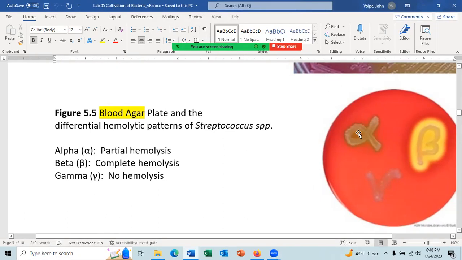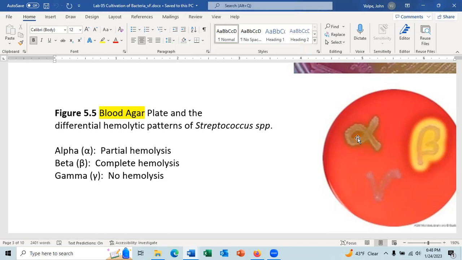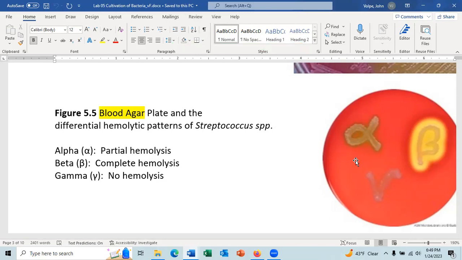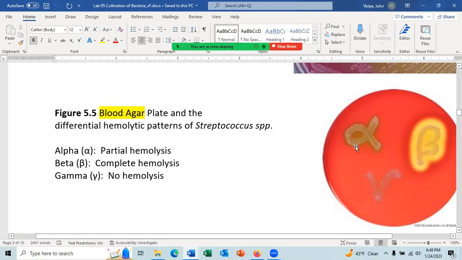And inside the alpha, the entire region is dark, and that's from the partial hemolysis of blood, making it look dark. It may occasionally look green under partial hemolysis, and I'm not sure why sometimes it's just dark and other times it's green. It might be just the way you're looking at it. It might have something to do with the blood being lysed and how much is lysed. I don't know. Anyways, that's alpha hemolysis, partial hemolysis.